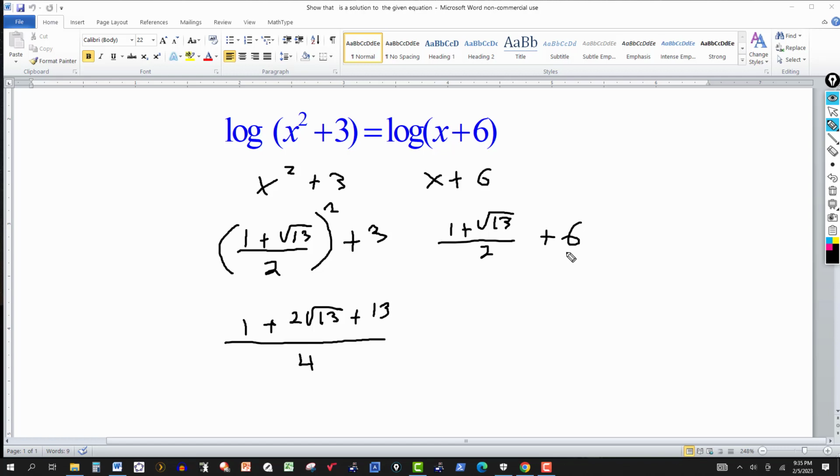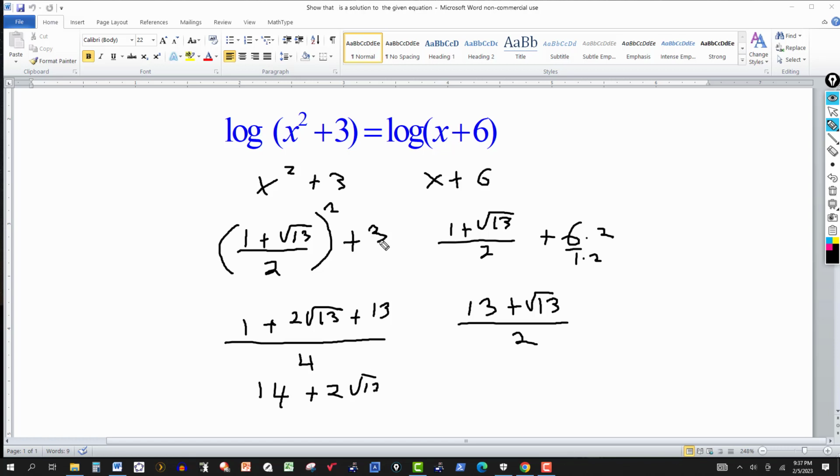And over here on this side, let's combine these. To get the same denominator, let's multiply this by 2 here, and 2 here. So this will give me 12 over 2. And this is 1 plus radical 13 over 2, so let's combine these. 12 and 1 is 13, plus radical 13, and that's over 2. And then over here in this one, we have 1 and 13 is 14, plus 2 square root of 13.